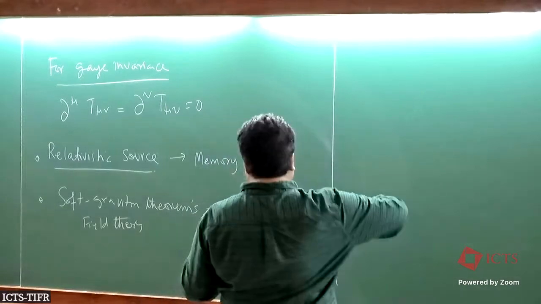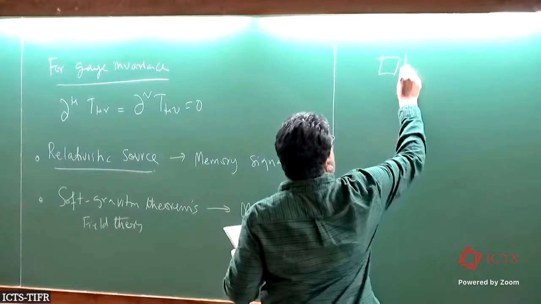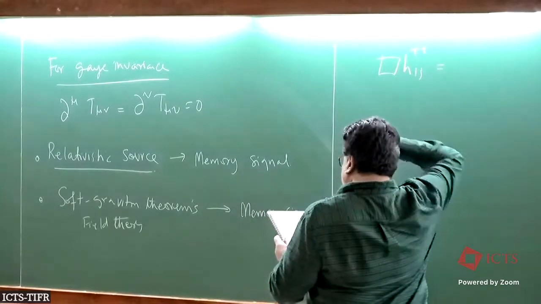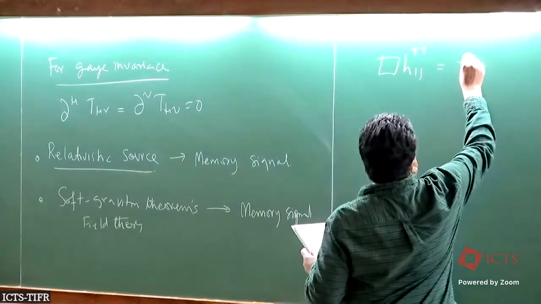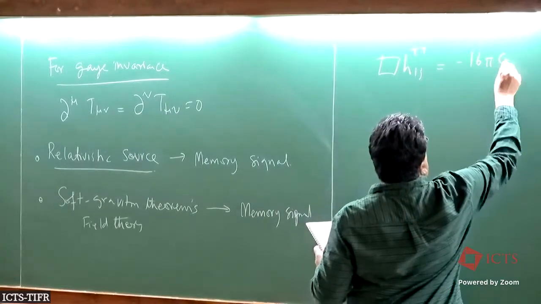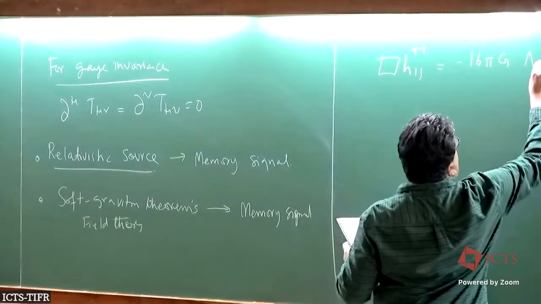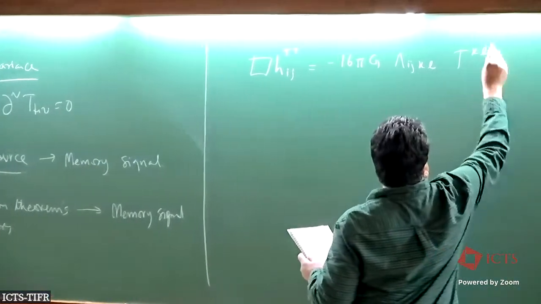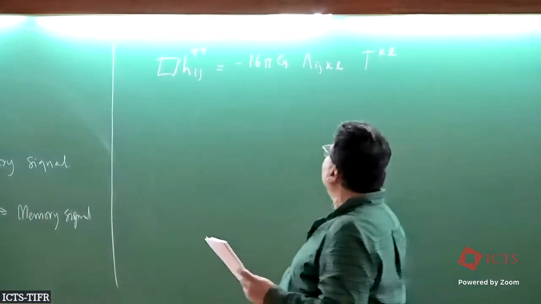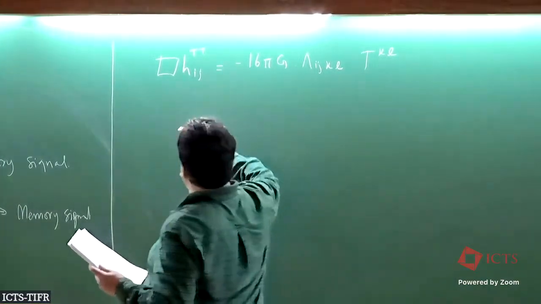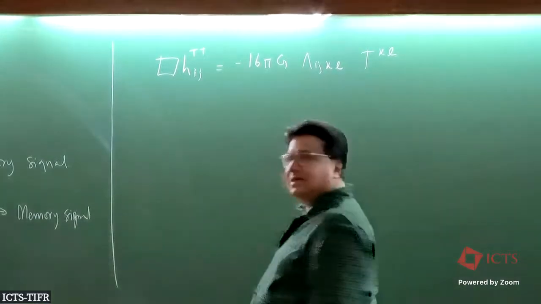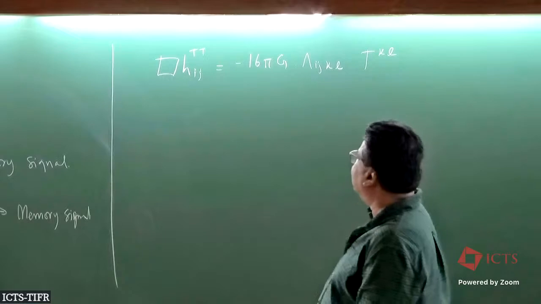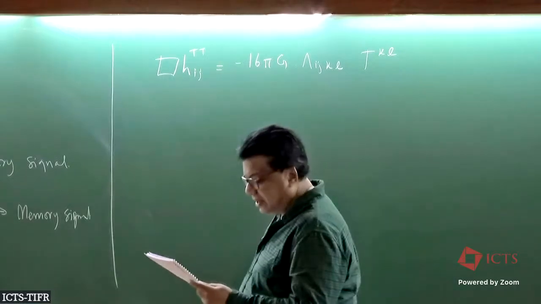So I'll start with this equation, and as I said that h_ij is, I think, like 16 pi G lambda ij kl. Okay. And so this is my basic, so this is the metric. This is the equation I'm trying to solve.